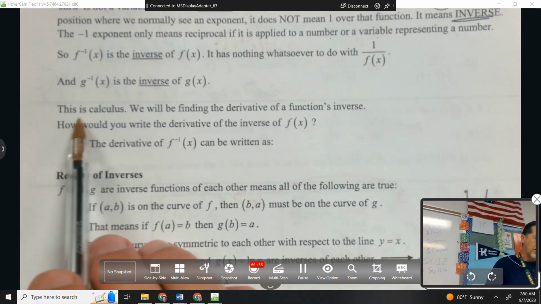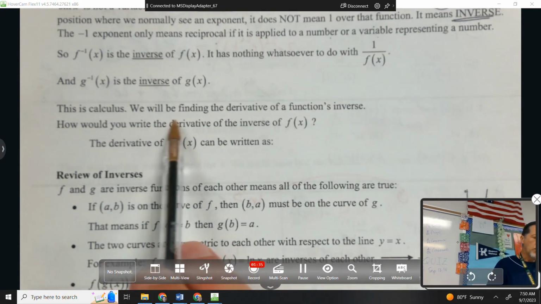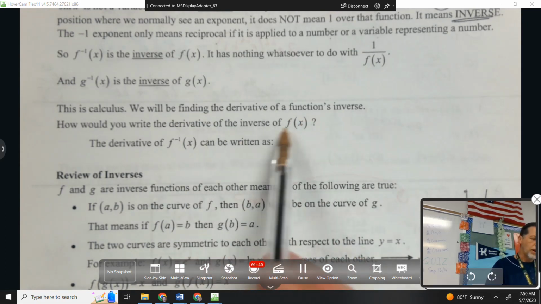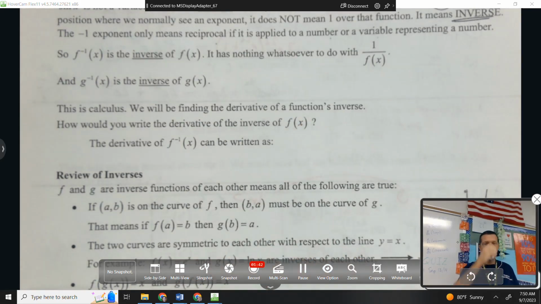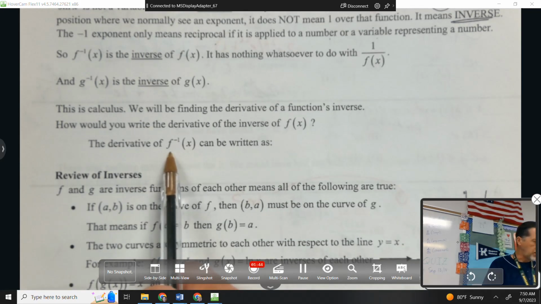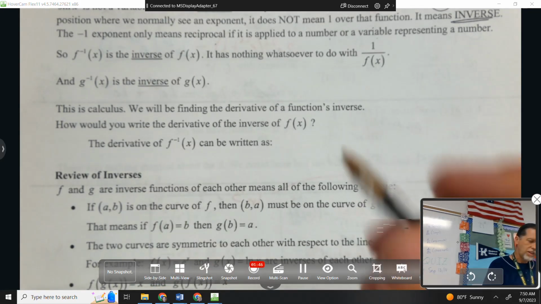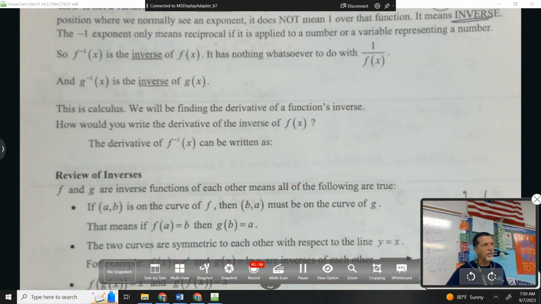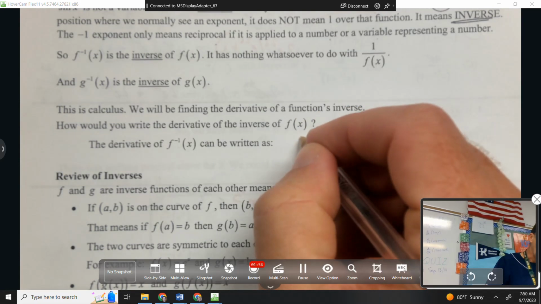Alright, but this is calculus, all that was algebra. We'll be finding the derivative of a function's inverse. So we gotta put our symbols on correct here. So how would we write the derivative of an inverse? Well, there's the inverse sign. We use a little marker thing, prime, to indicate derivative. So it's going to look kind of funny.